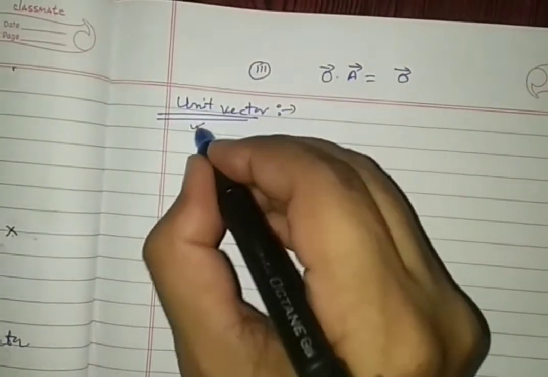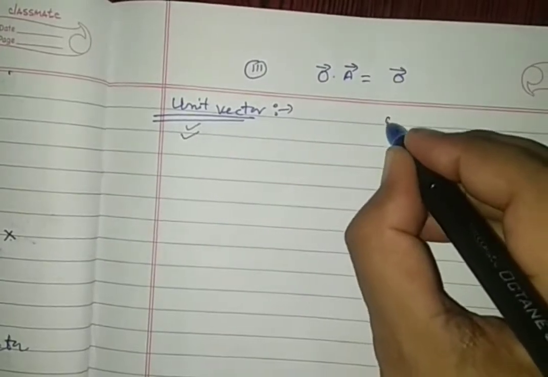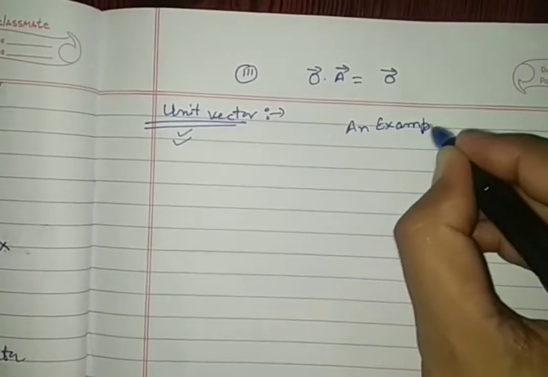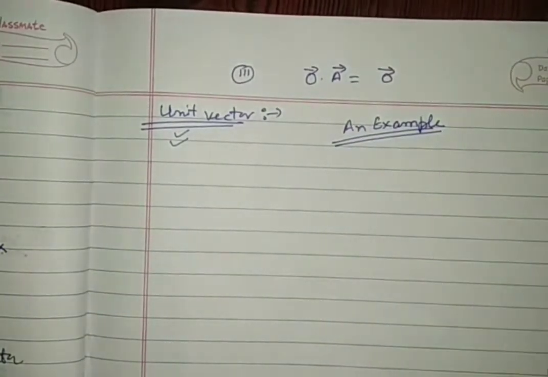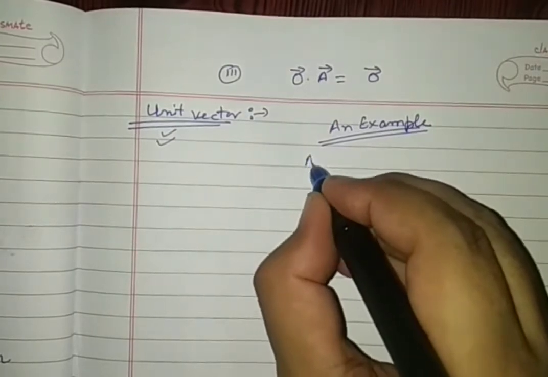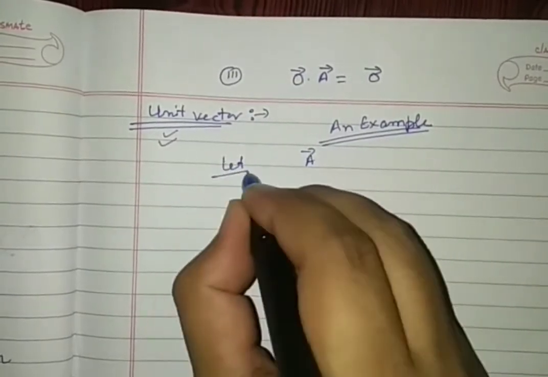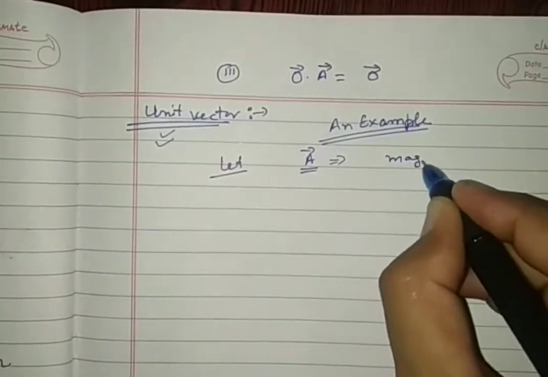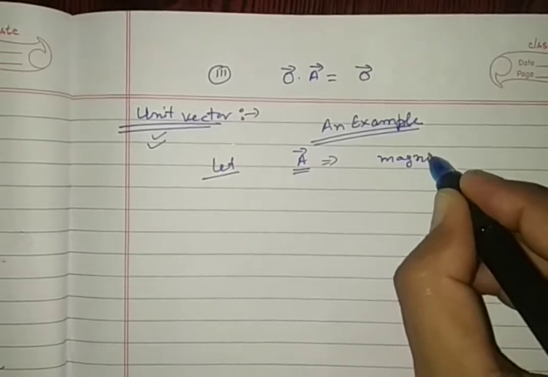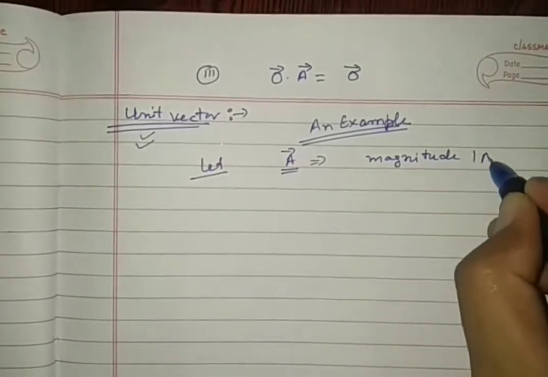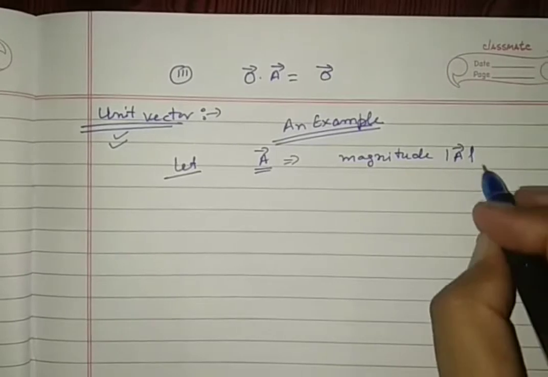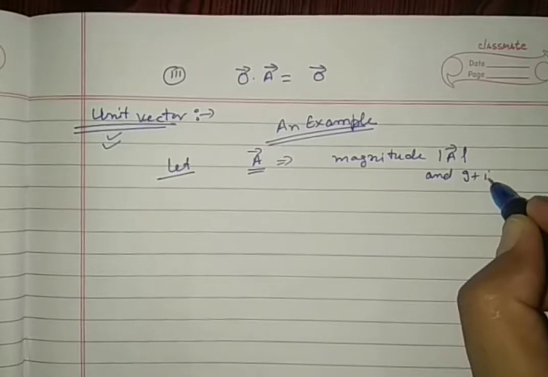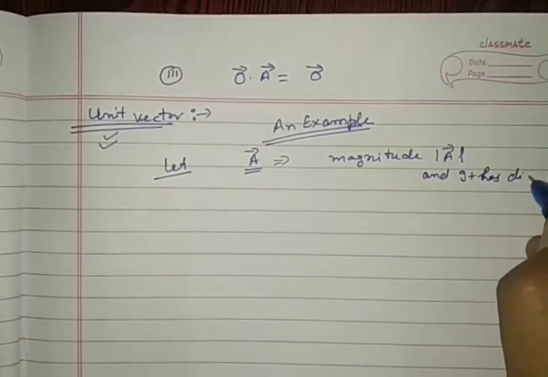The concept of unit vector also I am explaining here by taking an example. See what is the example here. Let a vector quantity A, it implies that it has magnitude represented by mod of A, and it has direction.